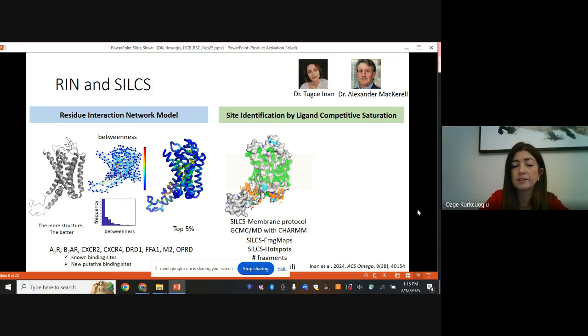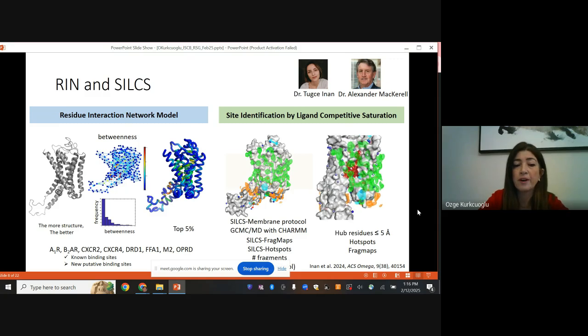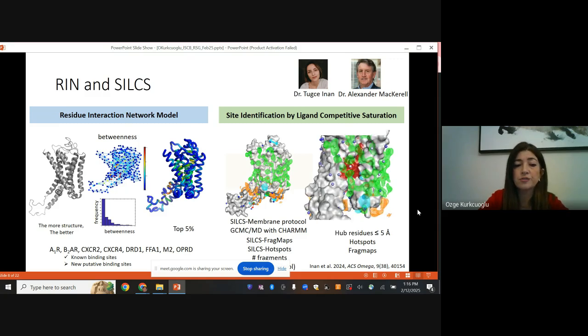What you are seeing is the FragMaps. The FragMaps were constructed showing the types of the solutes populated at different sites. SILCS hotspots and residue interaction network were used together to estimate the location of the putative allosteric binding sites, where we evaluated the number of fragments and their averaged grid free energies.